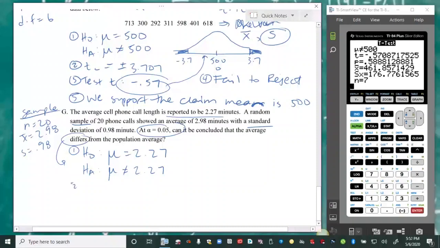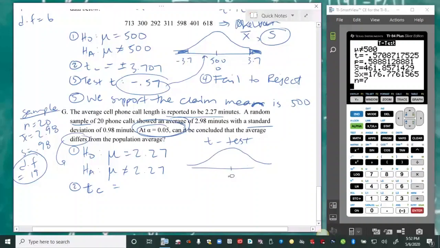Okay, step number 2. I'm not going to skip it this time. I want my critical t. So my t critical. I'm doing a t-test, aren't I? So that means I need degrees of freedom. So degrees of freedom, 20 minus 1 is 19. Alpha is 0.05, and this is a 2-tail test.